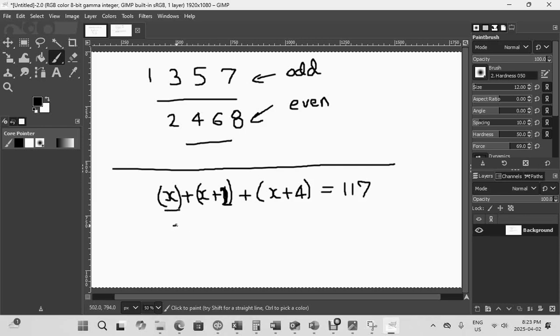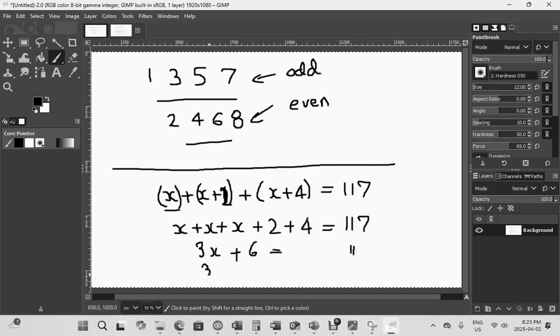So we know that x plus x plus 2 plus x plus 4 equals 117. So we know that 3x plus 6 equals 117.